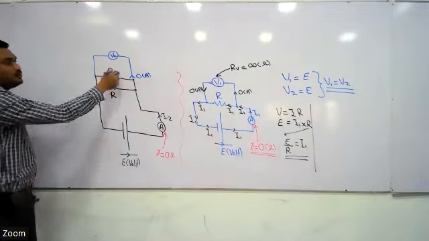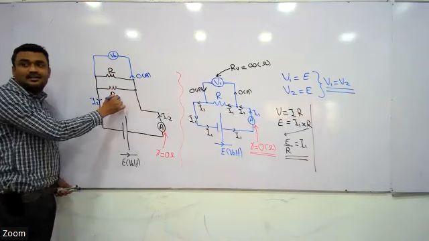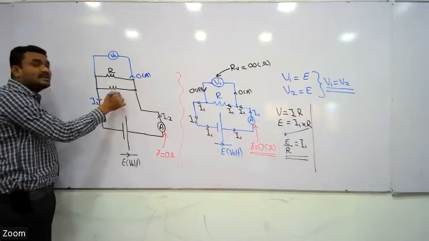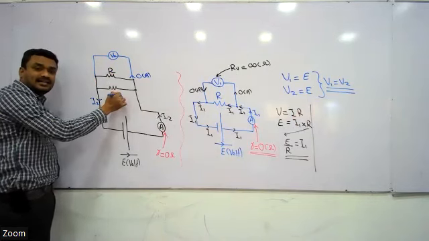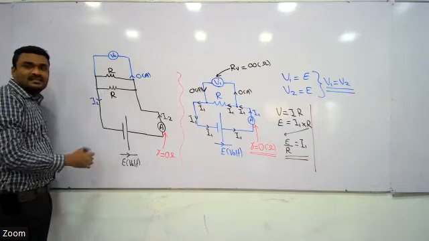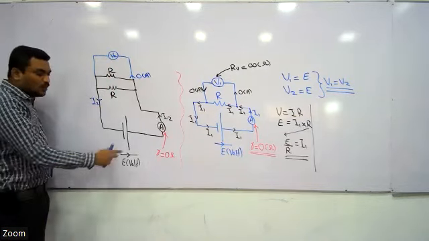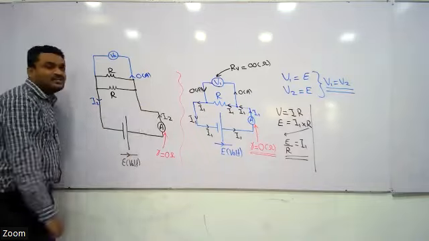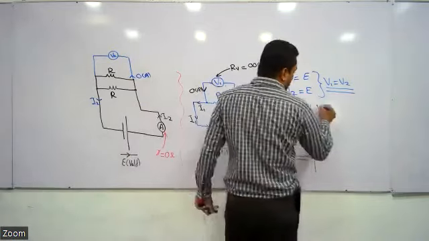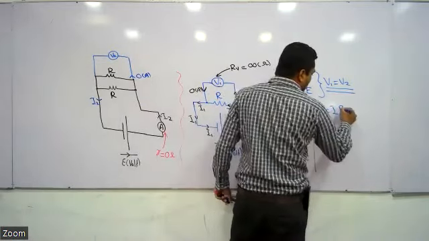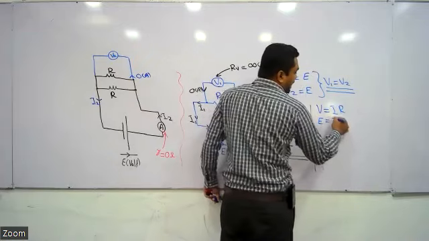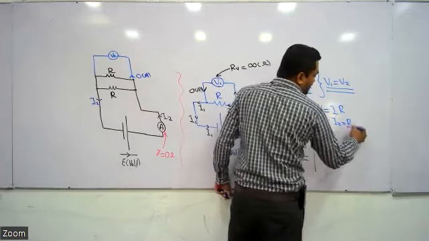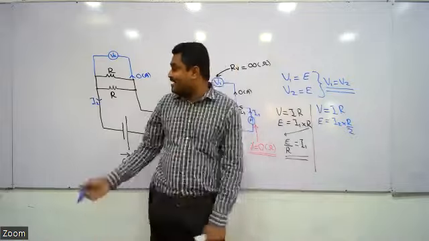The second circuit has two equal resistors connected in parallel. Therefore, what is the equivalent resistance there? R over 2. Voltage E, current I2. If we apply Ohm's law, V equals IR, V is E, I is I2, resistance is R over 2.